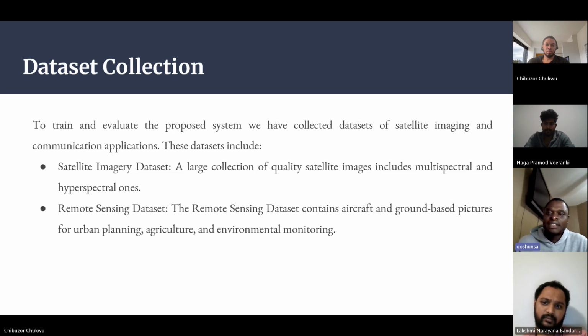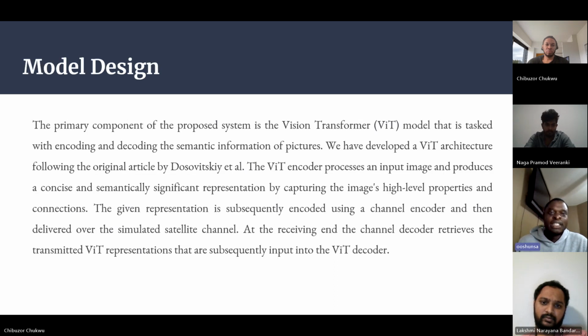I'll move to the next, which is the model design. It is the primary component of the proposed system, that is, the vision transformer. That's a ViT model that is tasked with encoding and decoding the semantic information of pictures.